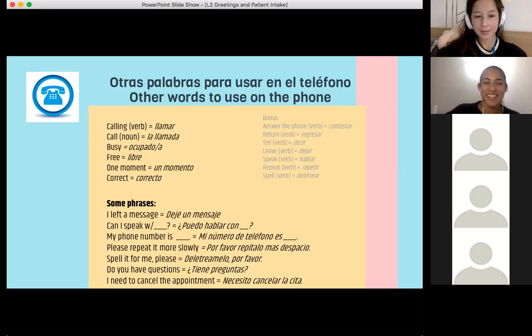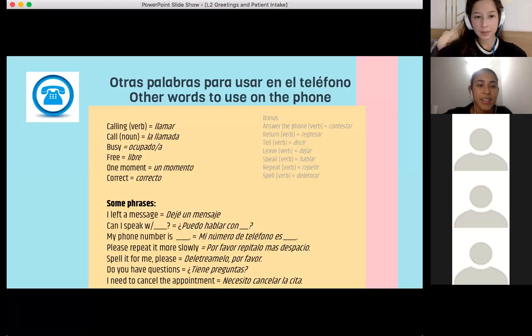Okay, yeah. So we'll move on with other words to use on the phone. Calling, the verb calling is llamar. The noun call is la llamada. Busy means ocupado o ocupada.